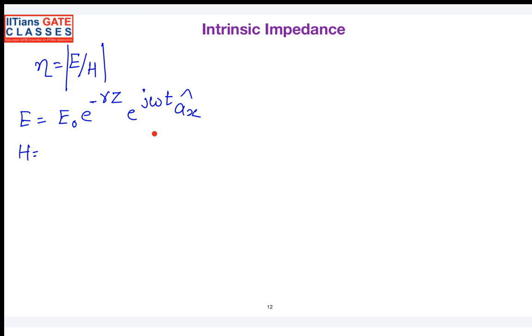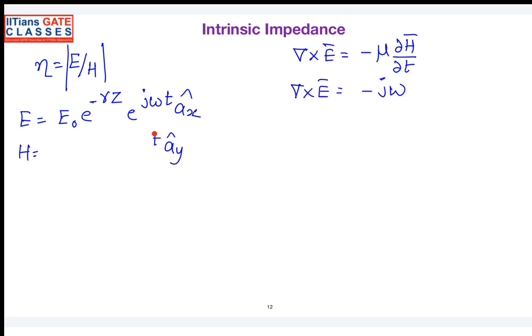So if you replace that, the curl of E is equal to minus j omega mu into H.